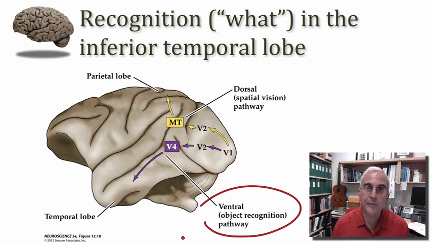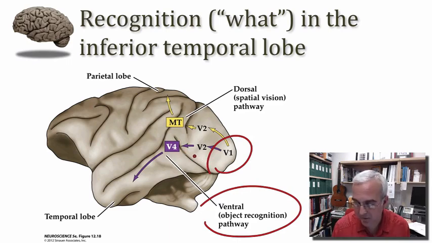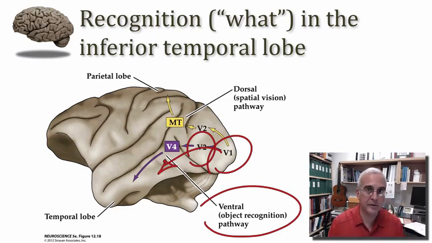And what I described for you is the elaboration of a series of higher order visual processing centers as one progresses from early visual cortex, that would be our first primary visual cortex, Brodmann's area 17, Brodmann's area 18, our secondary visual cortex. And then from here, signals are sent down through a network of regions that are in the inferior part of the temporal lobe.